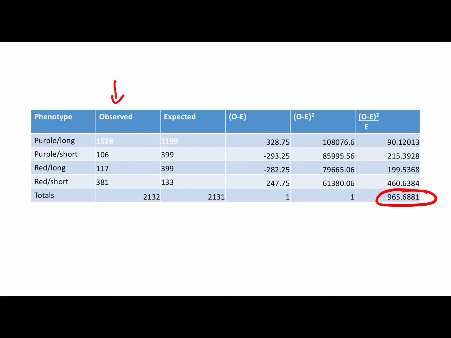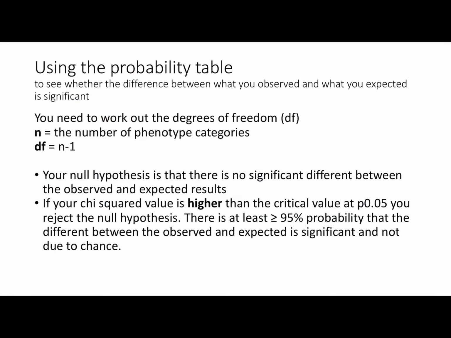But just to prove this, we need to use a probability table. And before we can use a probability table, we need to know two things. We need to know what the degrees of freedom are. And in this case, the degrees of freedom are basically the number of categories. We've got 4 different categories: red with long, red with short, purple with long, purple with short. And the degrees of freedom is n minus 1.